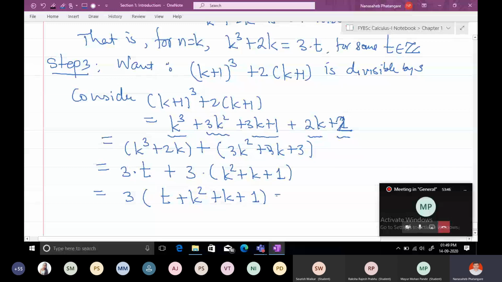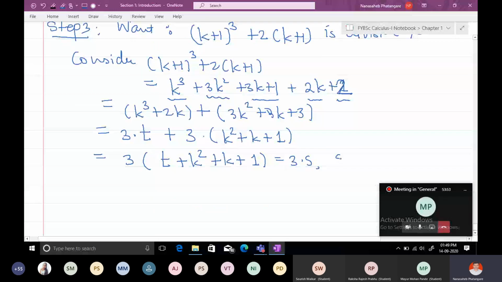And what is s? s is t plus k square plus k plus 1. Is s an integer? Yes, certainly, because it is an addition of integers, so it is an integer. And therefore, ultimately what we found is that (k plus 1) cube plus 2 times (k plus 1) is a multiple of 3. That means it is 3 times some integer.